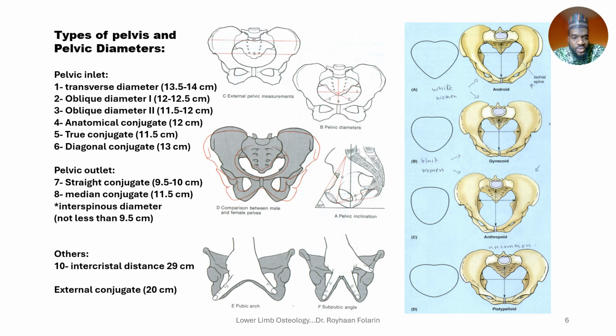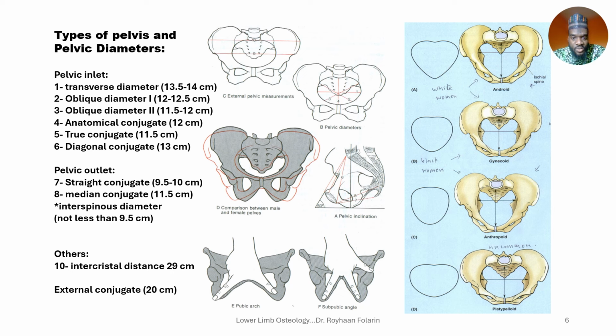So there are also other dimensions which we can be interested in, particularly the intercristal distance, which runs between both iliac crests. It measures approximately 29 centimeters. It's the widest point between the iliac crests. And then you have the external conjugate, which usually measures around 20 centimeters, and that provides the external estimate of the pelvic size.